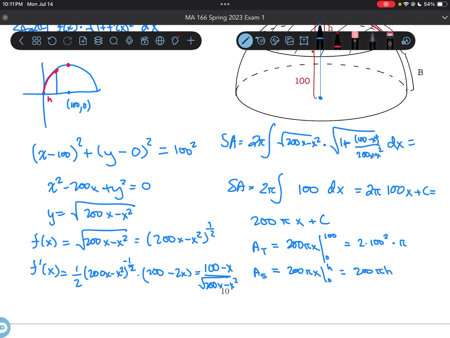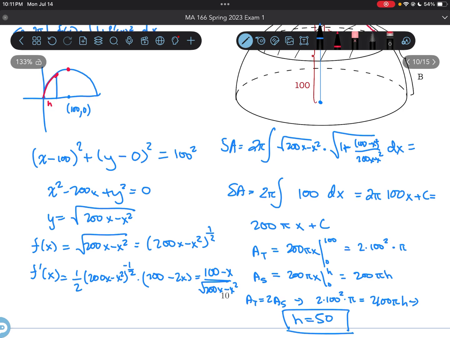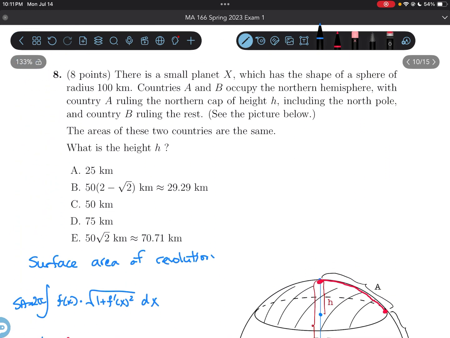So that means that AT equals 2 times AS, which means that 2 times 100 squared times pi is equal to 400 pi h. And if I solve for h, I get h is equal to 50. So the height of the sphere cap is 50, which means the answer is C.